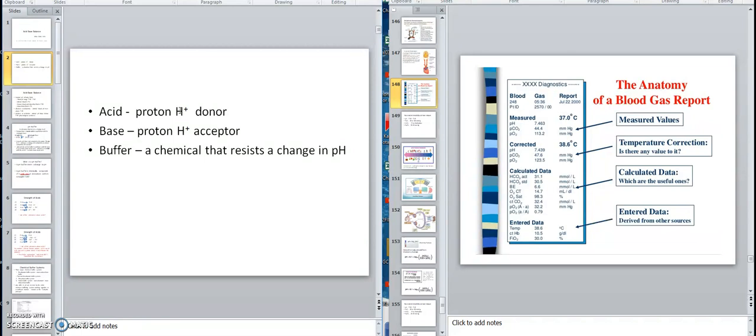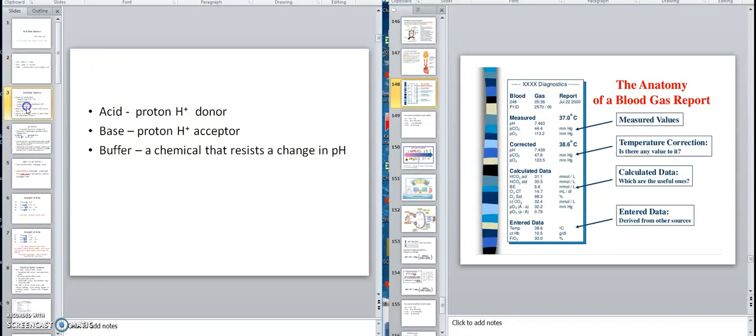Now, off the chart is neutral. That means it has 1 electron. So if it loses that 1 electron, what is it? A raw proton. That's why it's symbolized by H+. So an acid is a proton donor. A base is a proton acceptor. And a buffer, we'll talk about briefly, is a chemical that can resist a change in pH. It tries to hold your pH in the proper range.